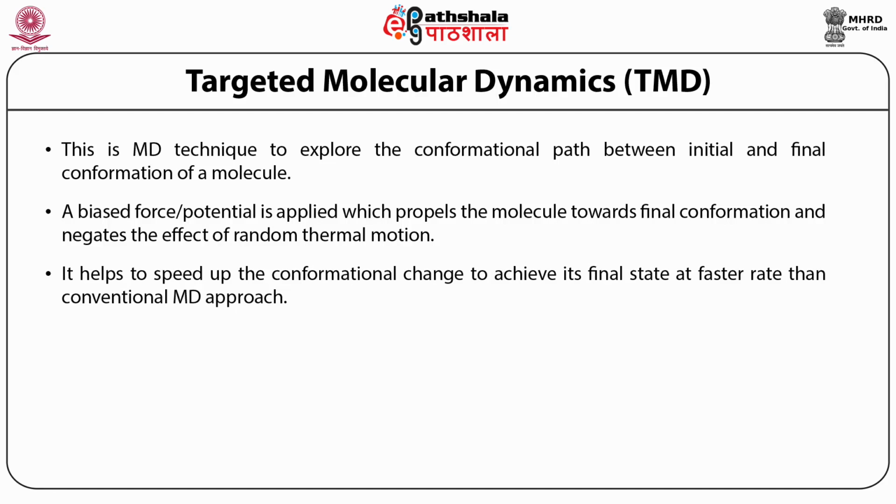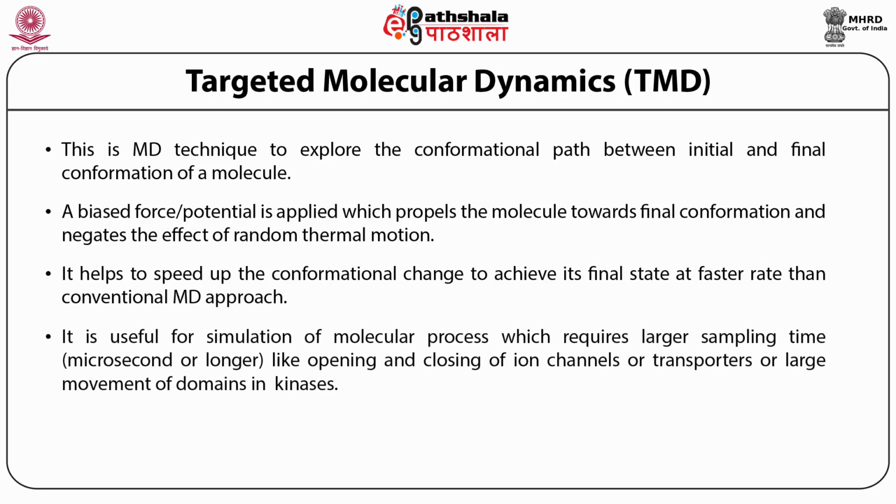Hence, it helps to speed up the conformational changes to achieve the final state at a faster rate than the conventional molecular dynamics approach. It is useful for simulation of molecular processes which require larger sampling time, like opening and closing of ion channels or transporters, or large movement of domains in kinases.